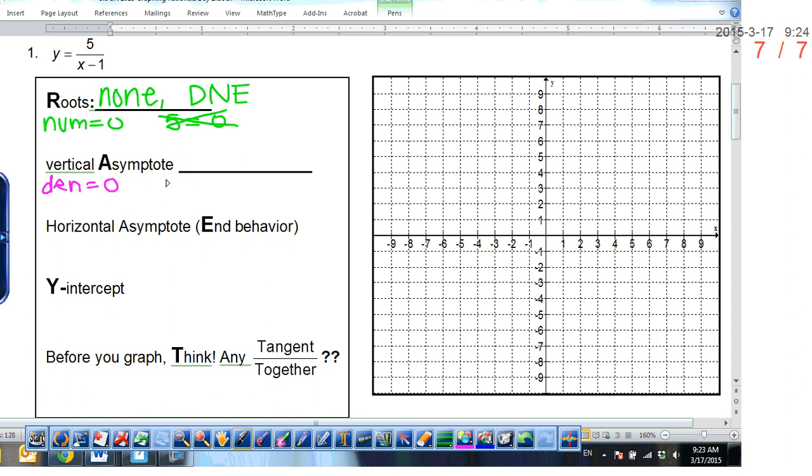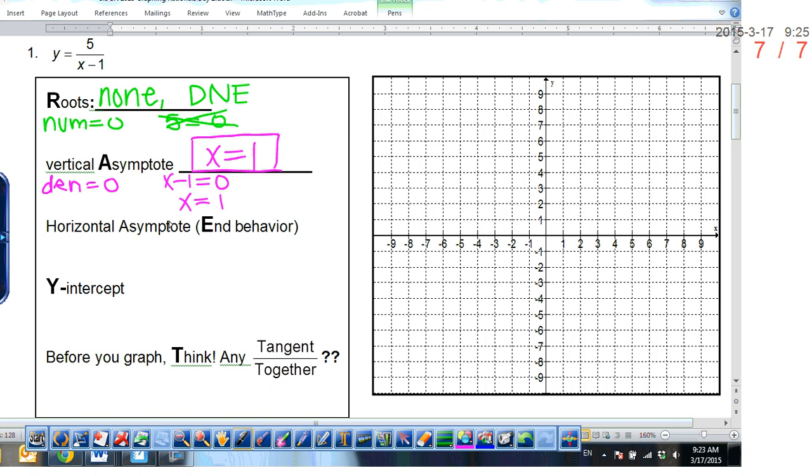So take your whole denominator, x minus 1, and set it equal to 0. When x minus 1 equals 0, what does x equal? 1. So that is the equation of your vertical asymptote. If you want to graph it now, you can, or you can graph it after we do the others.